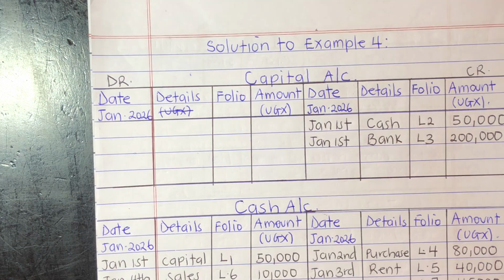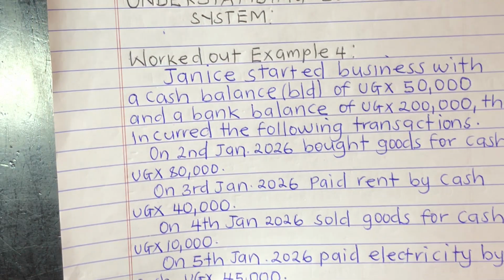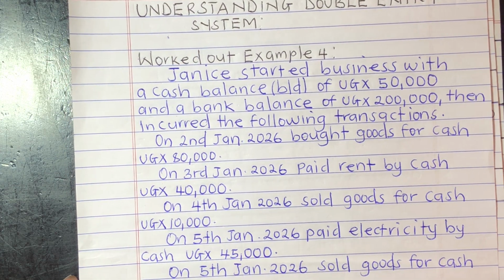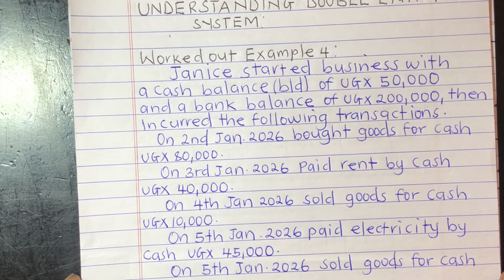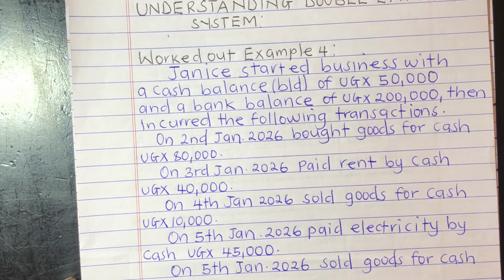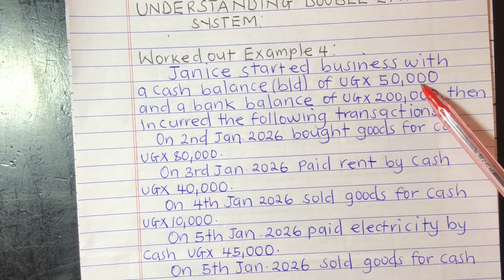So from our question, we begin with the first transaction. The first transaction was Janice started business with a cash balance of UGX 50,000. So we recorded that. If Janice started business with a balance brought down of 50,000, meaning this amount of money had remained from the previous period.